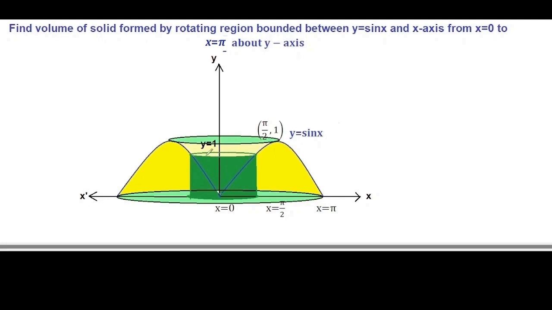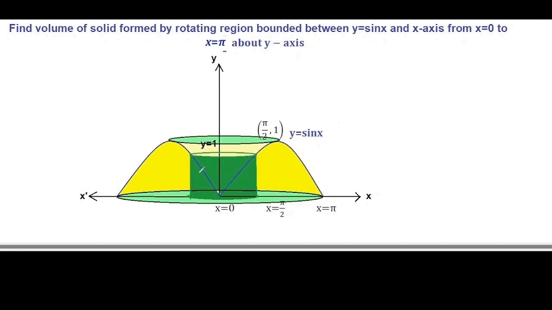Now, first we need to find the surface area of the cylinder, the dark green part. Because when we move this cylinder from this point, that is x equal to 0, to x equal to pi, it will cover the entire solid.